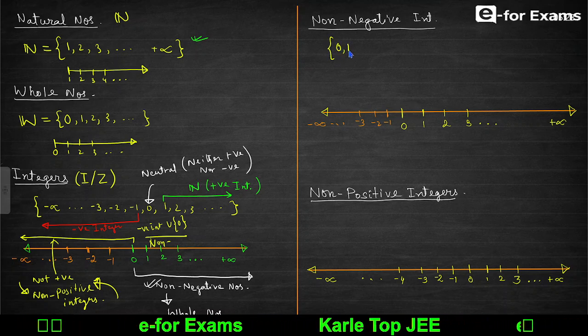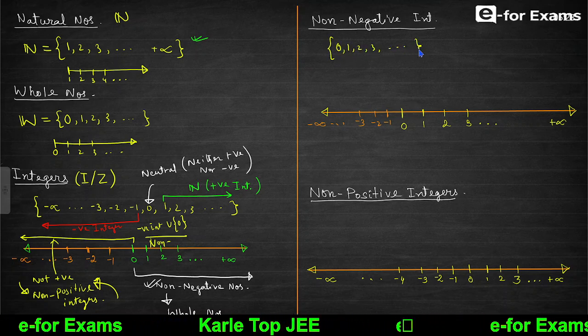Here simply we can write 0, 1, 2, 3 up to infinity as non-negative.